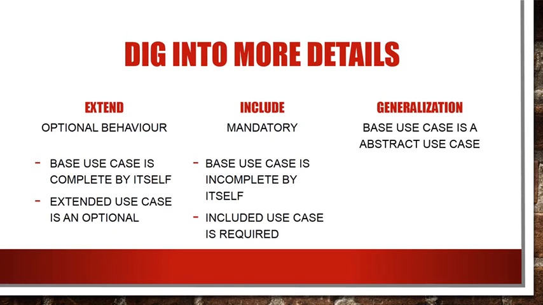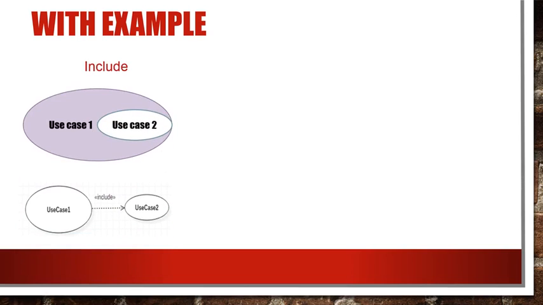For example, include can be represented as use case 2 is included in use case 1. The stereotype is represented by include within angle brackets. The relation between the use cases is represented by means of a dotted line with an arrowhead. Next one, extend. Extend depends on one use case.